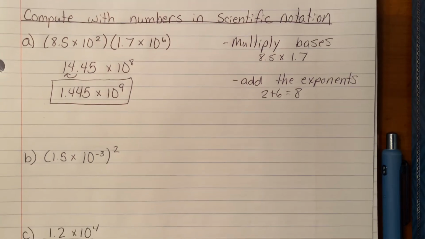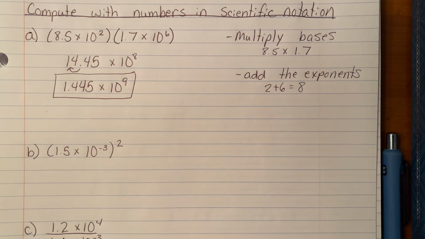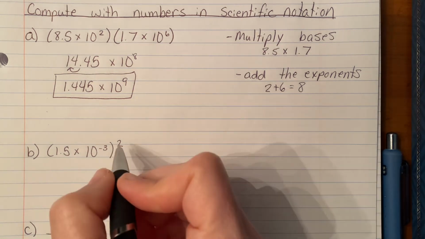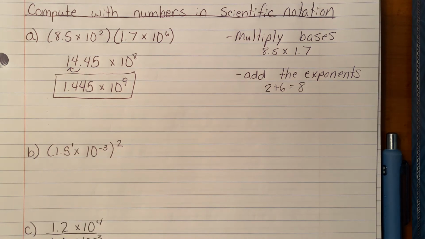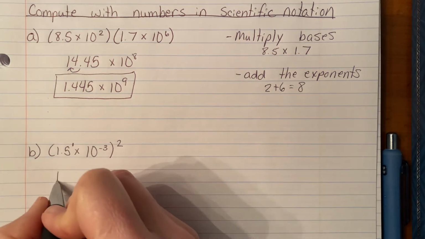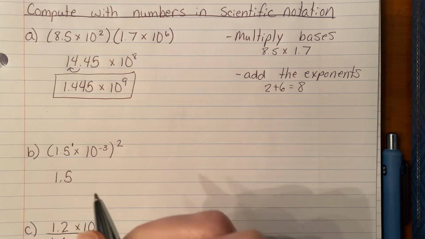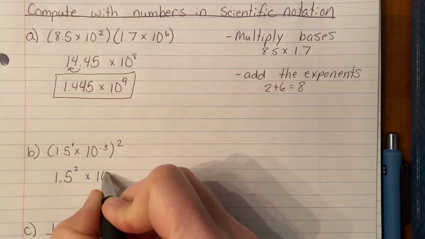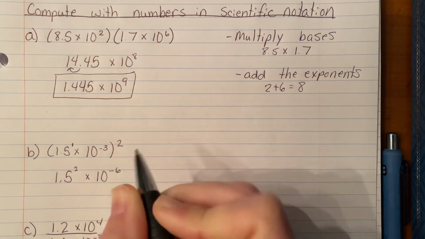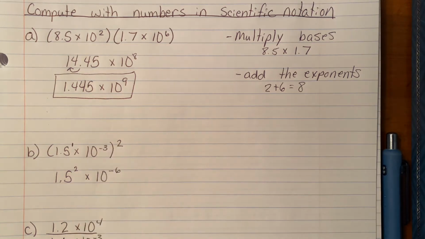Okay, let's look at another example. So this one again is like a power to a power. So we have the 2 outside here. Remember, this has an understood 1, so we still have to multiply. So this will become 1.5 squared times 10 to the negative 6, because we had to multiply 2 times negative 3.